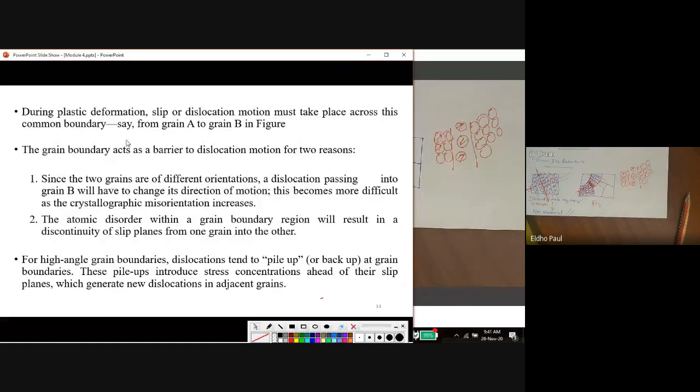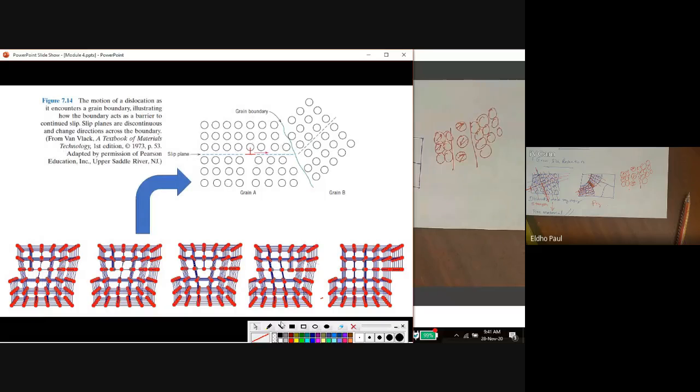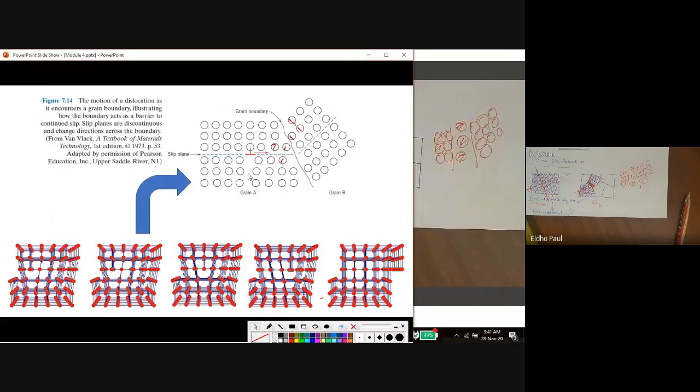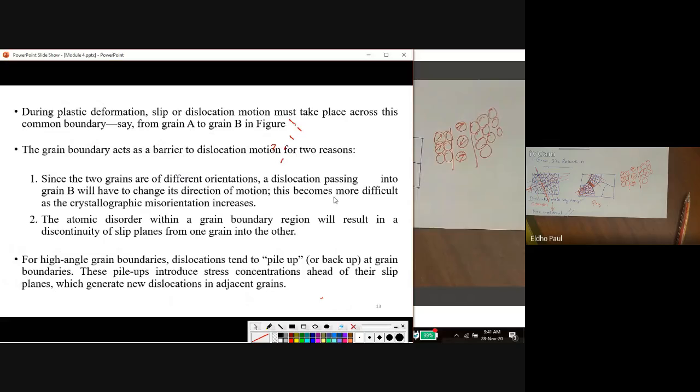So the grain boundary acts as a barrier for dislocation because of two reasons. Since the two grains are differently oriented, when we compare the orientation of the grains, maybe the orientation is in this direction here, but there it may be in this direction. So the orientation is different when we compare the two grains. A dislocation passing into grain B will have to change its direction of motion.